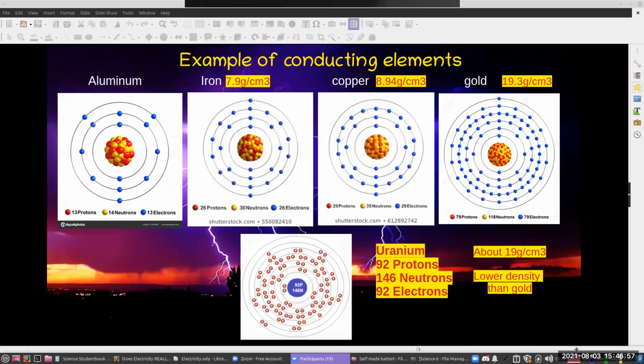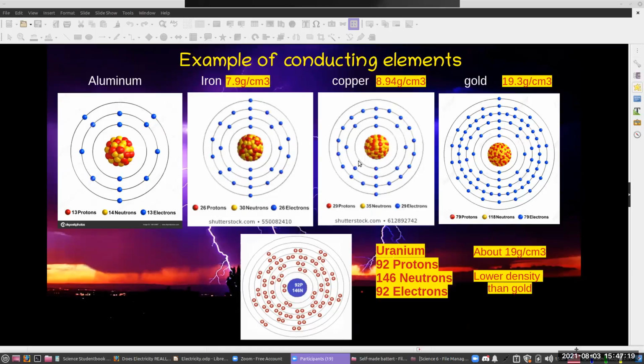So the density here we see is very, very high. The density from 79 protons and 118 neutrons. So this material is very, very heavy. They also attract a lot of electrons. So we see here the electrons.